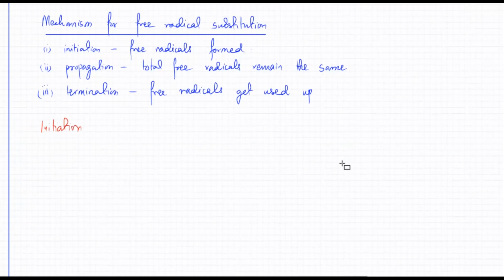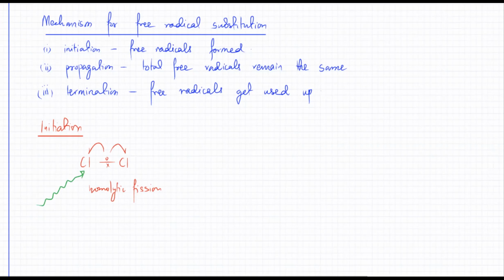Due to UV light, the Cl2 molecule's bond breaks homolytically. This is homolytic fission, and it happens because of ultraviolet light or sunlight.